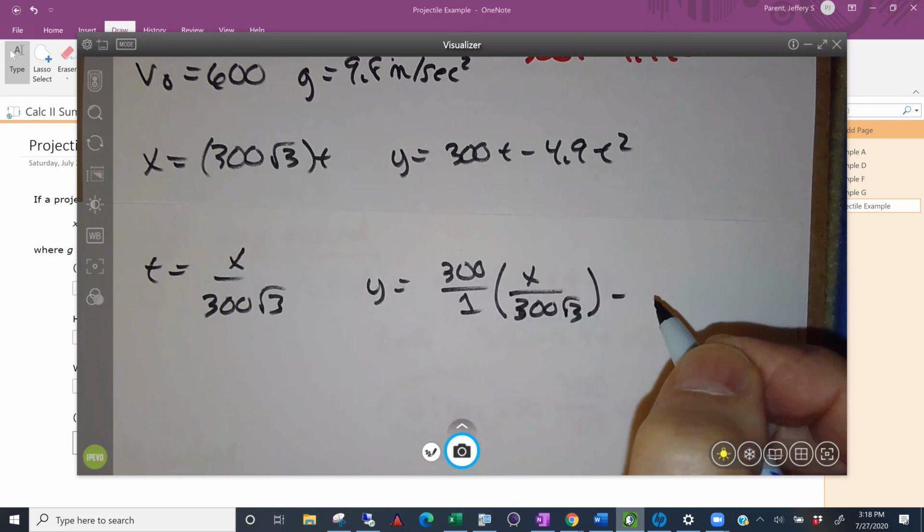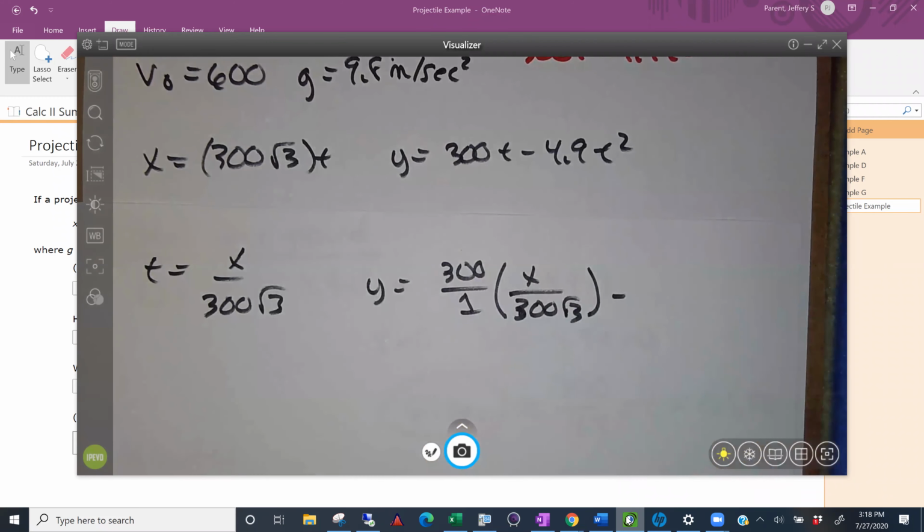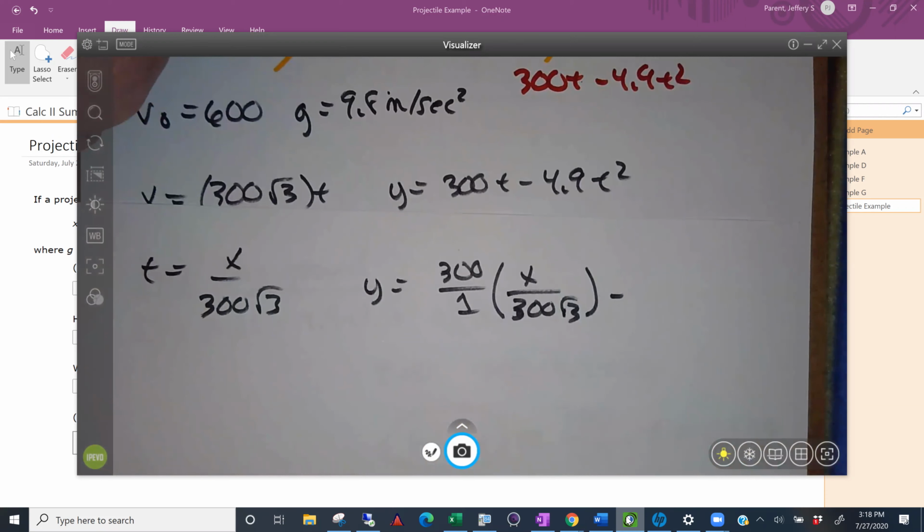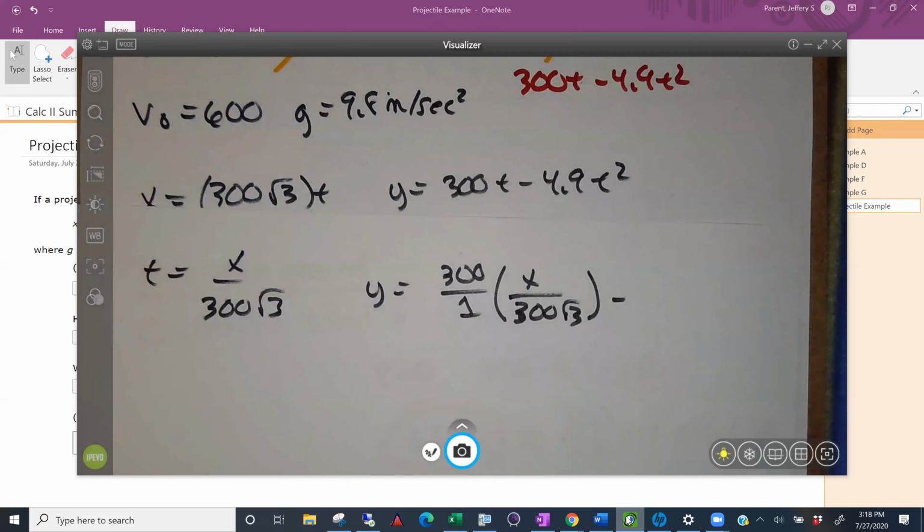You know what? I can't do that. I'm so sorry. I think it's going to want things done more generally than this. Yeah. It wants things done in terms of sines and cosines. So my bad.